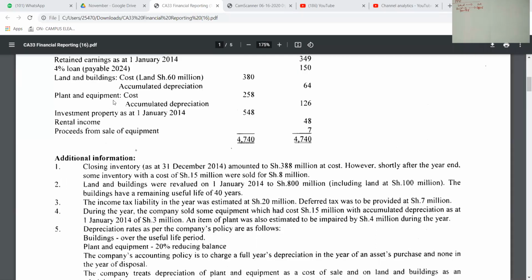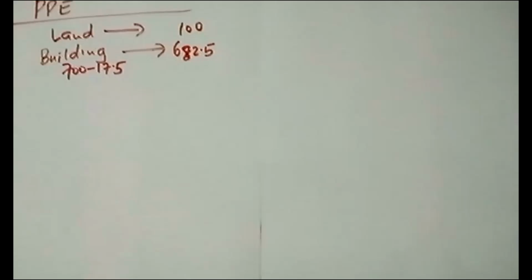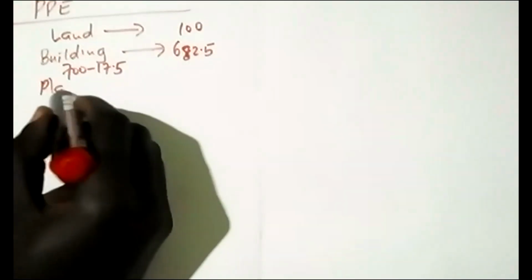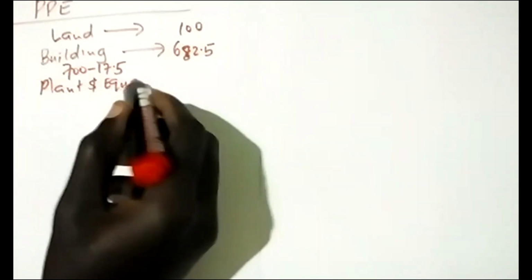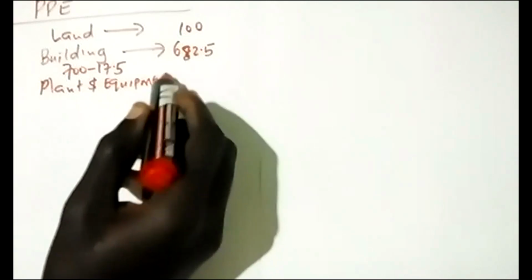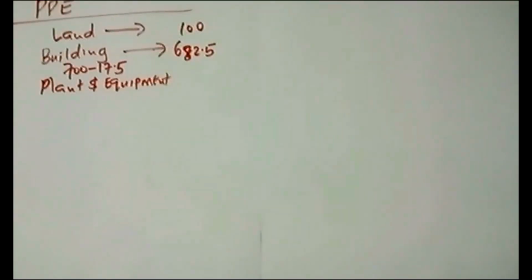there was this plant and equipment. Plant and equipment. So this was the only challenging one. This was a bit challenging, but I can be able to put it across so that you will understand why it was a bit challenging.